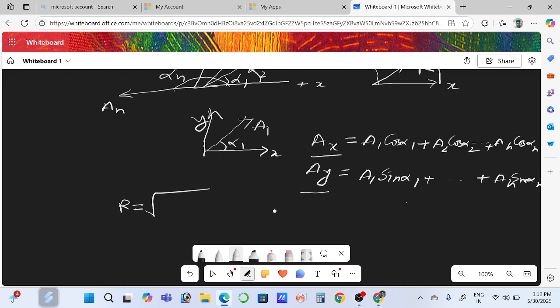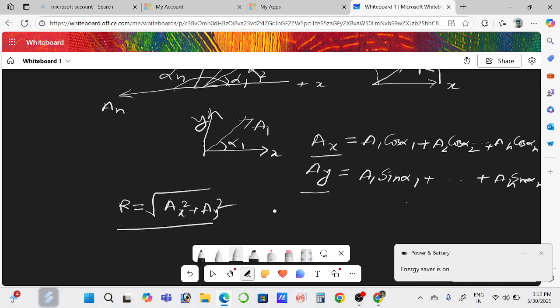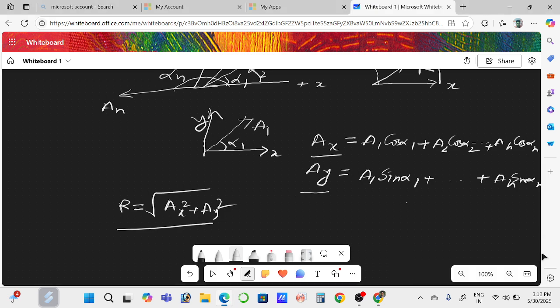Resultant is simply the square root of A of x squared plus A of y squared. I think you will understand how to find the components of these vectors, and then you add these two vectors. So in case of a large number of vectors acting at a single point, you can also find the resultant of these vectors.